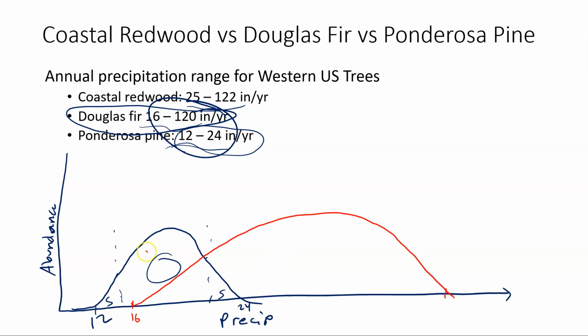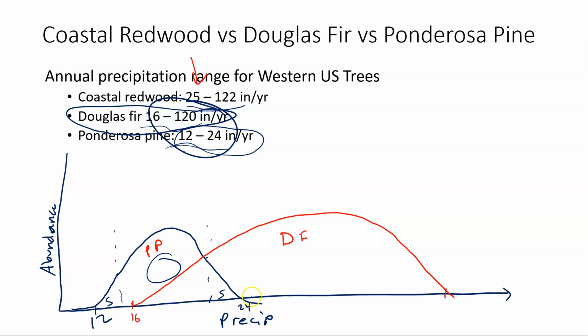So this is our ponderosa pines here. This is our Douglas fir here. Okay. Then if we were to put our coastal redwoods on there, notice that the bottom end of our range for coastal redwoods puts us above where we would find, so the bottom range of coastal redwoods is 25, which is above that range for ponderosa pines.